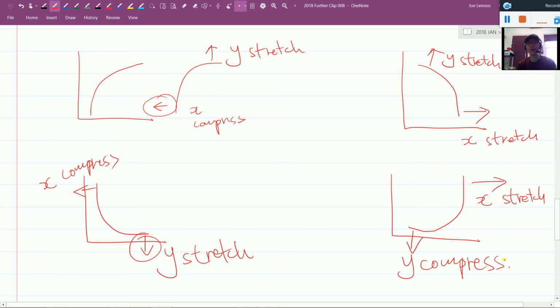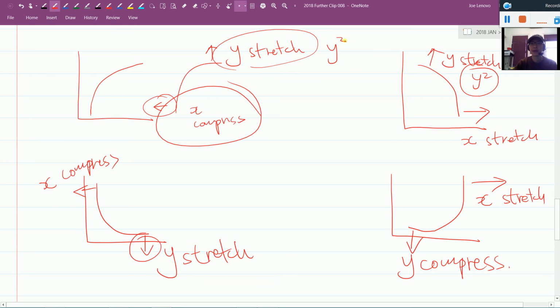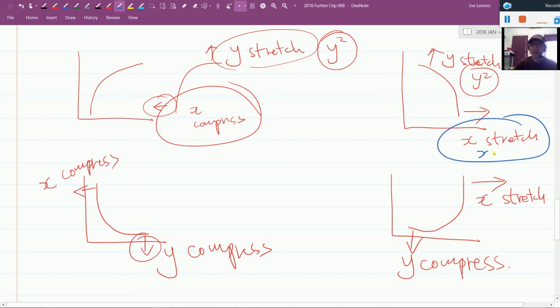Since there are always these four options, once you've got the graph, identify which option it is, then you'll be able to determine whether you do stretch or compress. Wherever you stretch, just put a square at the top. So that's y square, straight away. That one, y stretch, y compress. What have I done? Going down. That one is y compress. And when you look at the x stretch, put the x square there.